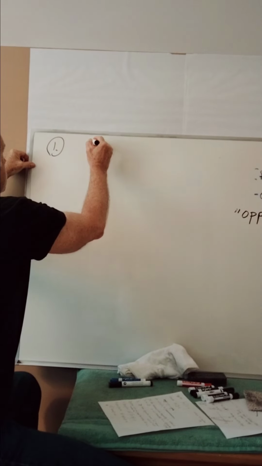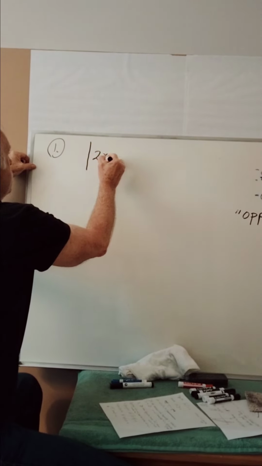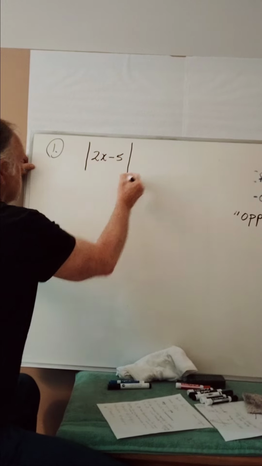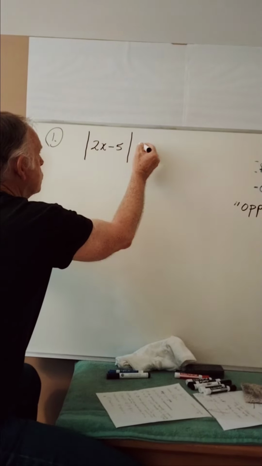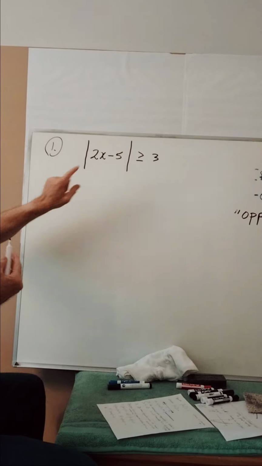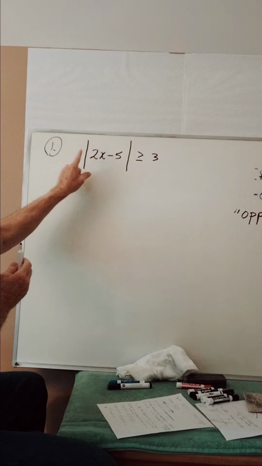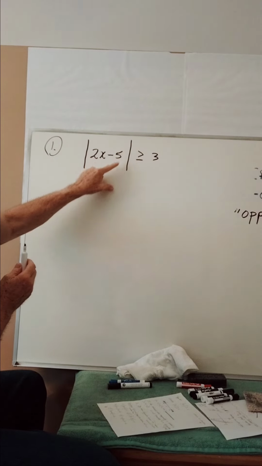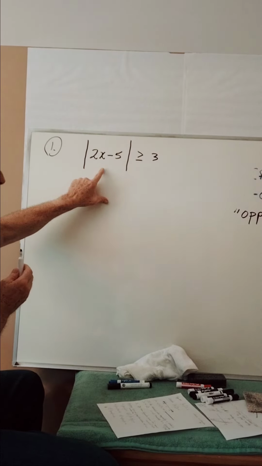The absolute value of 2x minus 5 is greater than or equal to 3. The absolute value expression must be isolated, and it's isolated.